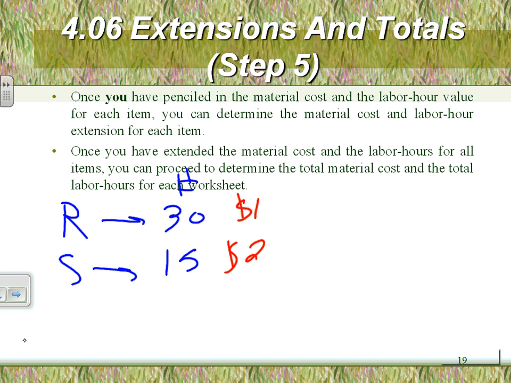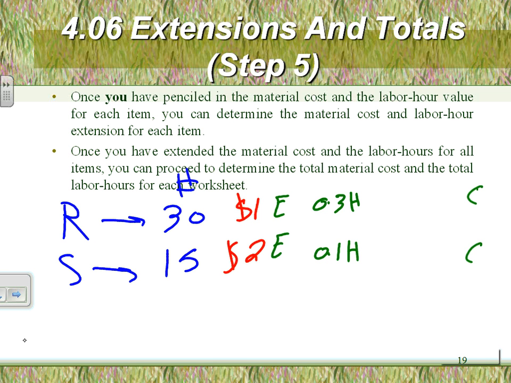The labor for this one is, let's say, 0.3 hour, and the labor for this one is, let's say, 0.1 hour. And what's the unit? No, actually, the unit for these is each. This one is E, this one is E. E for the price and C for the labor.